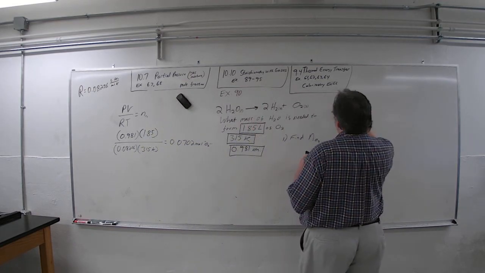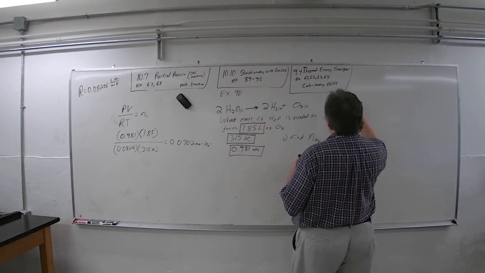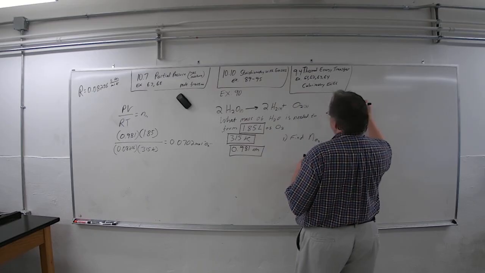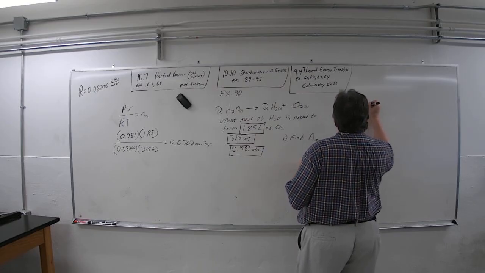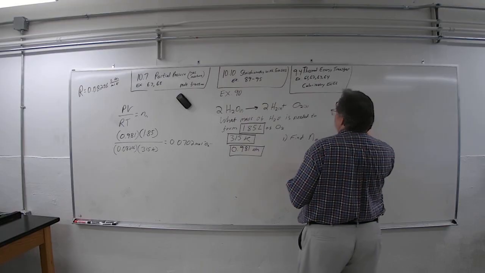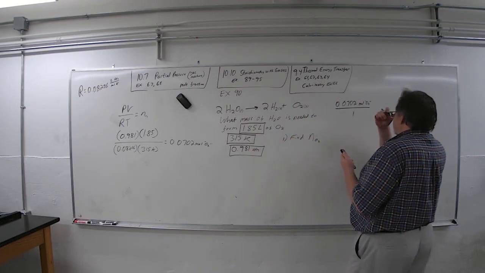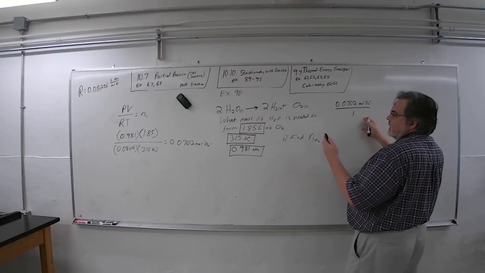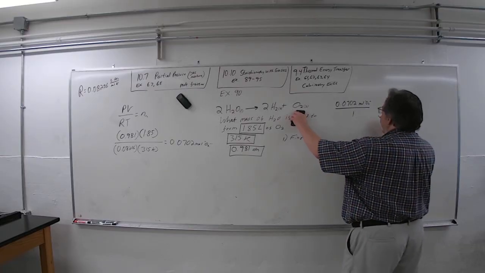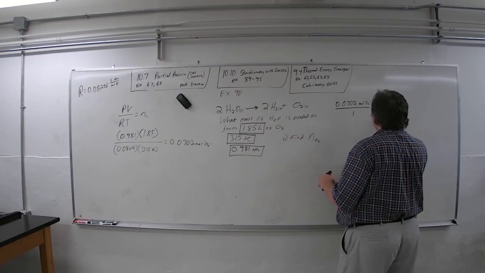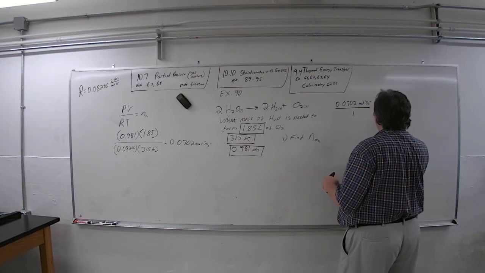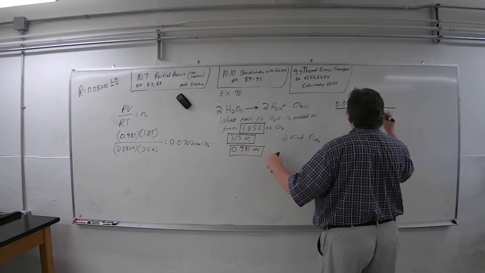And then you're just going to go 0.0702 moles of O2. Mass of H2O: moles of O2, and so it's 1 mole of O2 to 2 moles of H2O.